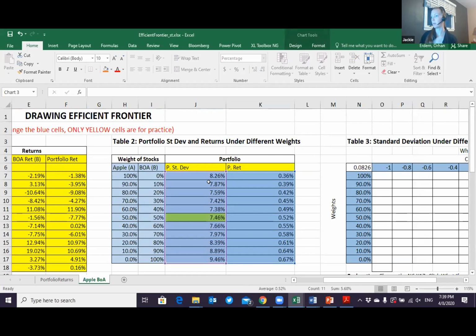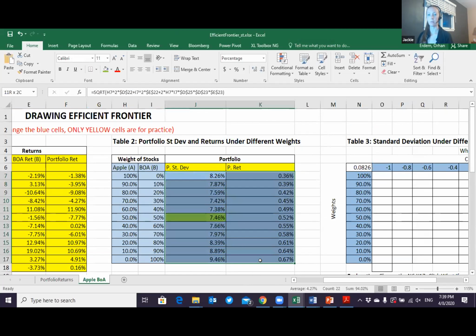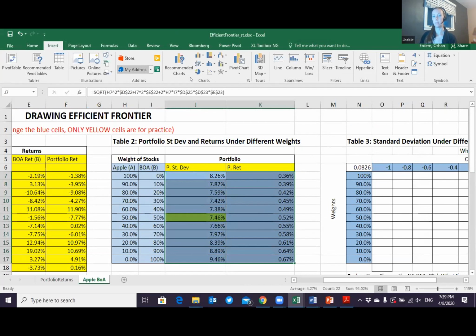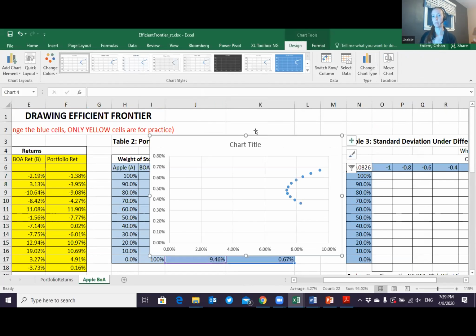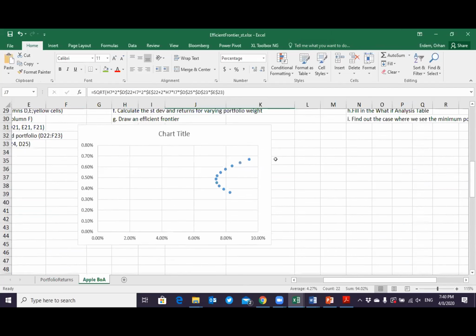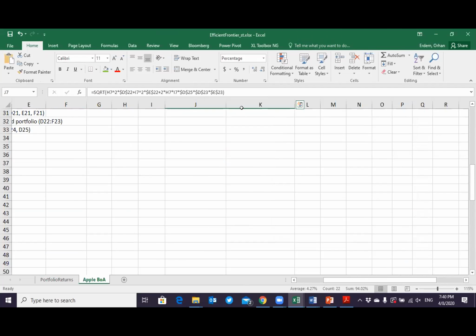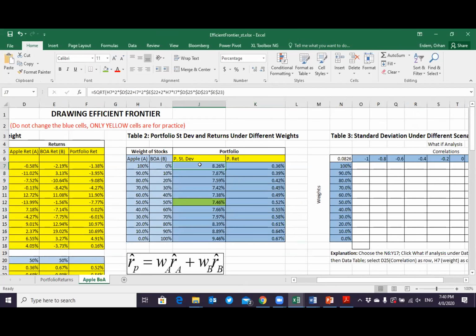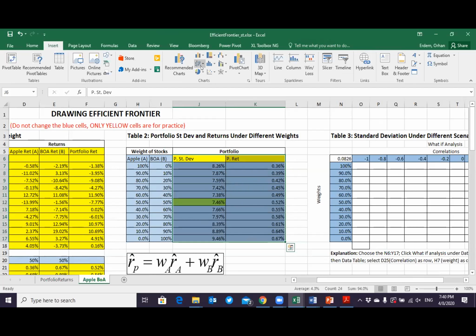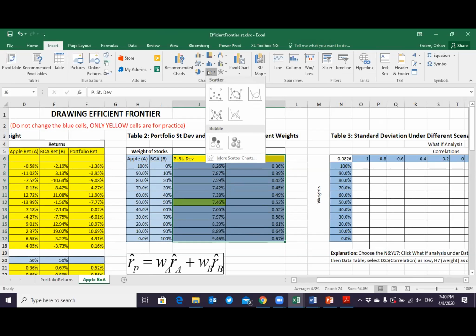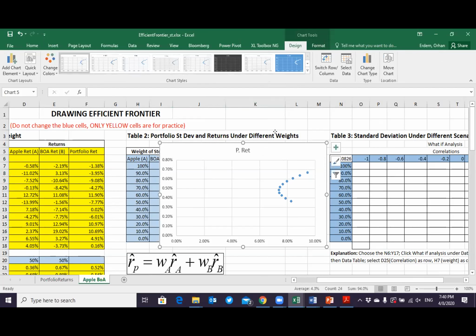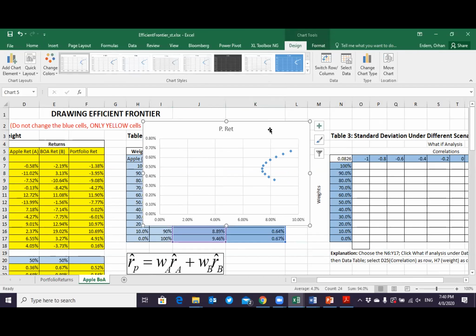Yeah, it looks a little different, but it's there. Or let's do it together. I just delete that graph, fine. Just delete that graph. I highlight these two cells, go to insert and scatter diagram. Do you have the same graph now? Yep.